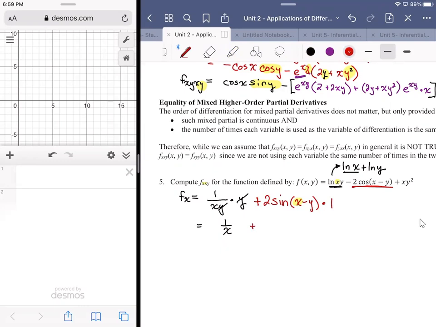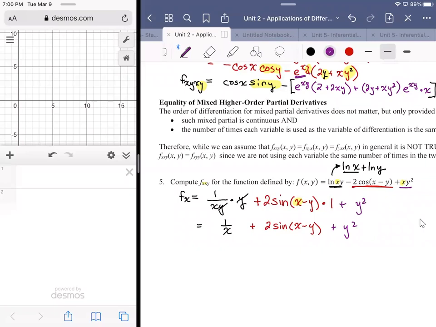So that's going to give me a 2 sine x minus y. And then the last piece is polynomial in nature. Again, derivative with respect to x. X has a derivative of 1. So it's really just going down to y squared. So that's a little bit nicer.